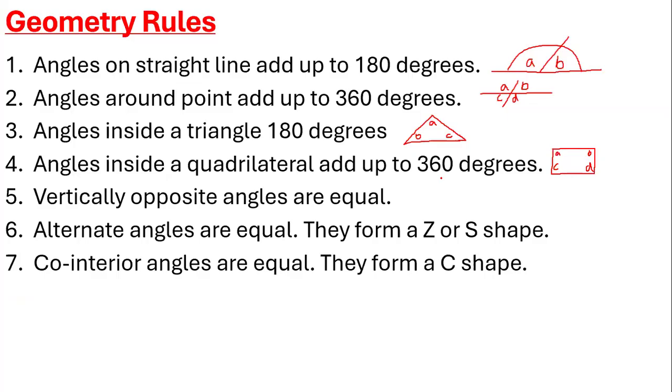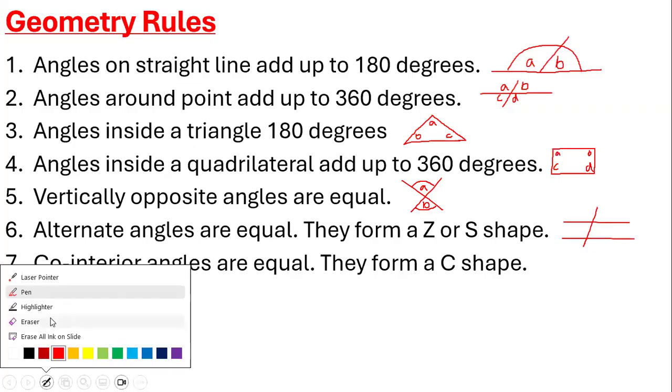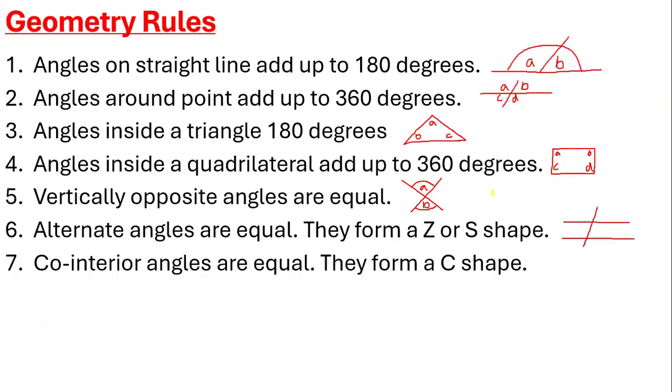Vertically opposite angles are equal, so like this. So A, B, and alternate angles like this and this. So the Z shape, as we did yesterday.